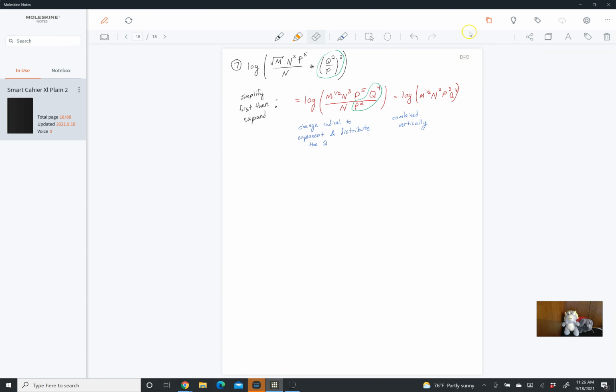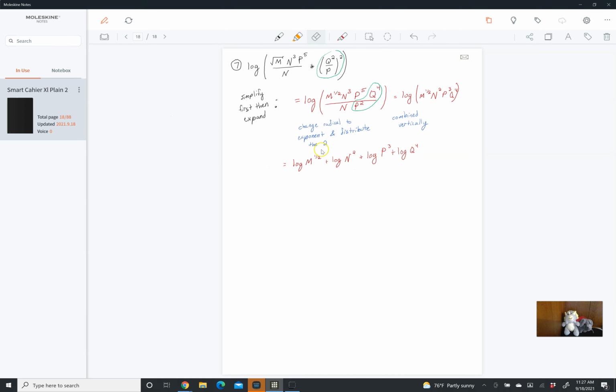So here, this is completely the product property. Log of m to the 1/2 plus log n squared plus log p cubed plus log q to the 4th.